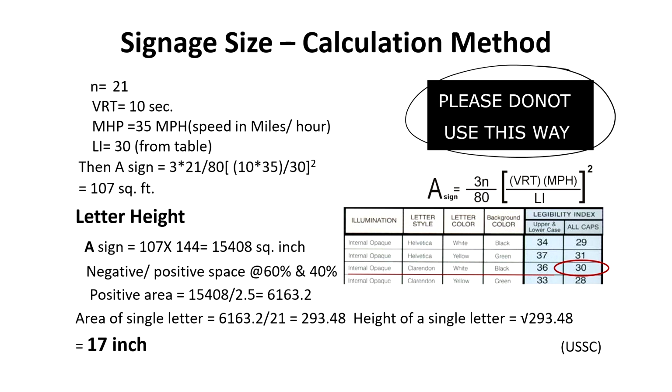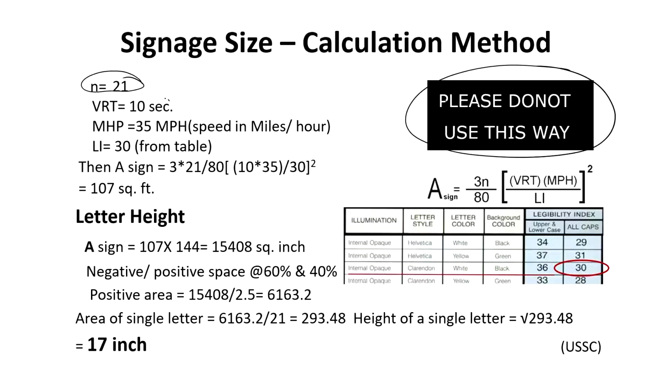If we count each letter, we can find that there are 21 letters in this. From the previous slide on the viewer reaction time, the most appropriate viewer reaction time applicable is around 10 seconds.